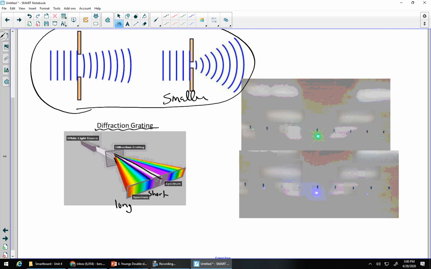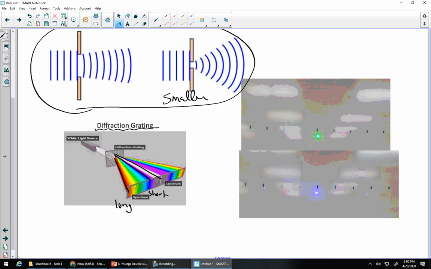So there's the violet, there's the red. In summary, smaller openings mean bigger diffraction, and longer wavelengths mean more diffraction. So again, smaller openings and longer wavelengths.